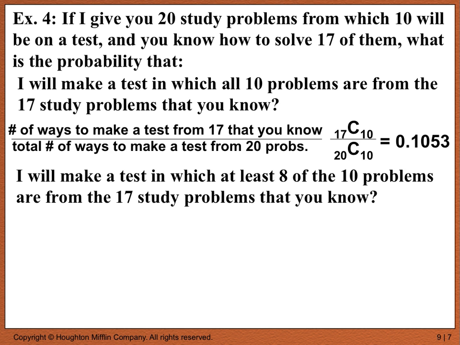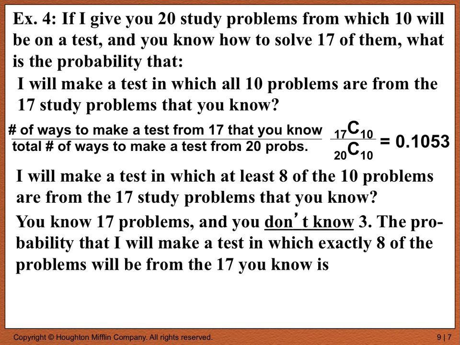So I'm going to walk you through the first step, and from that you should have enough information to go through the other steps. Let's pay attention to the question. What is the probability that I will make a test in which at least 8 of the 10 problems are from the 17 study problems that you know? We have to break this up into parts.